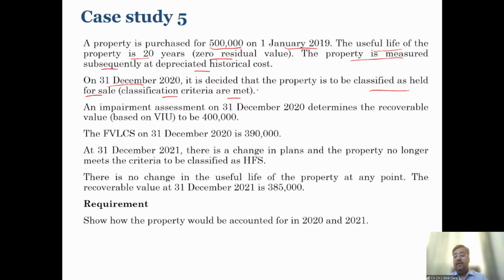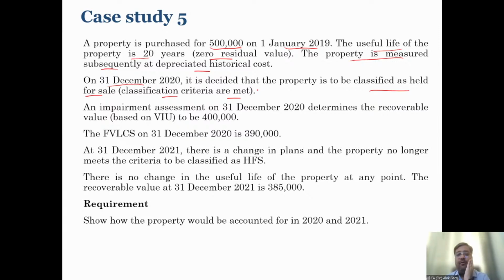So basically, when this property was purchased, it was PP. You made an accounting entry, let's say building PP account debit to bank account 5 lakh rupees. On 31st December 19, you also charged depreciation, debit depreciation account, credit accumulated depreciation 25,000 rupees. Again on 31st December 20, you charged depreciation.